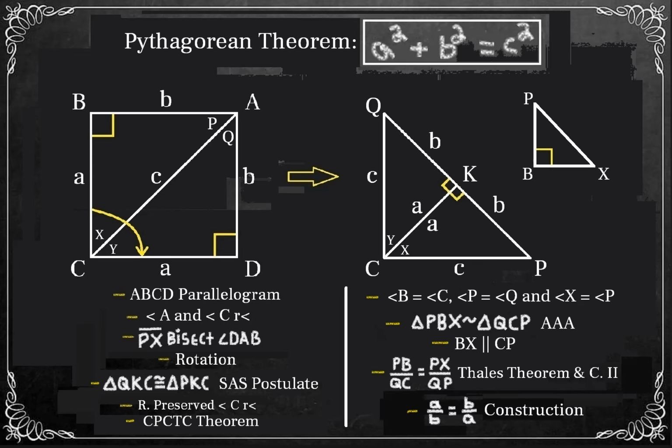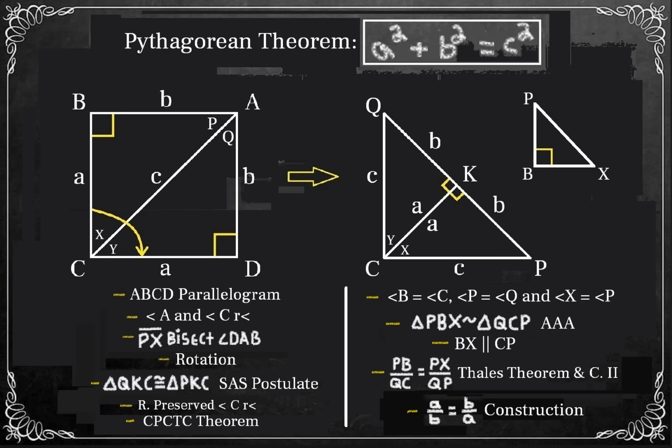Knowing that, we have the ratio equality PB over QC equals PX over QP by Thales' theorem and corollary 2 using invertendo. Make sense?